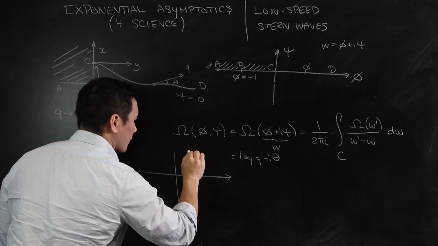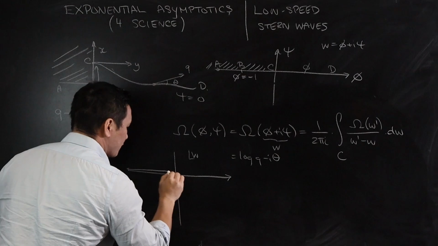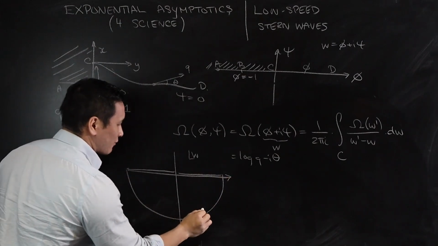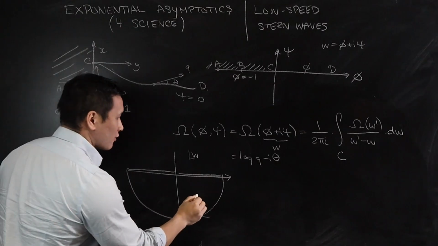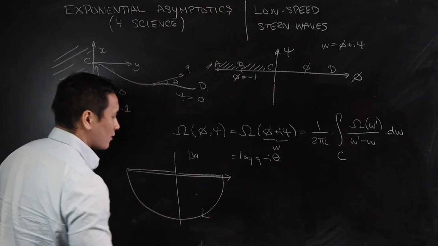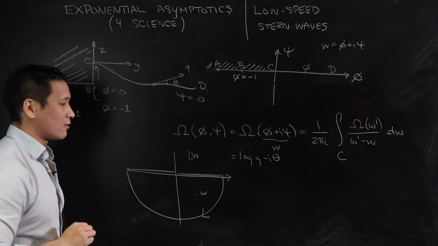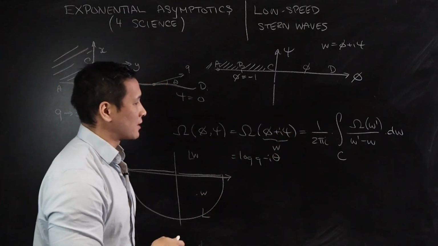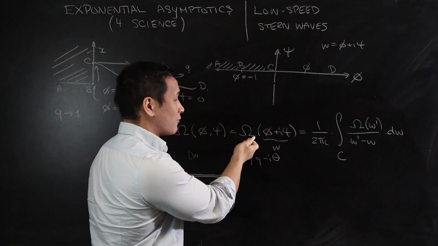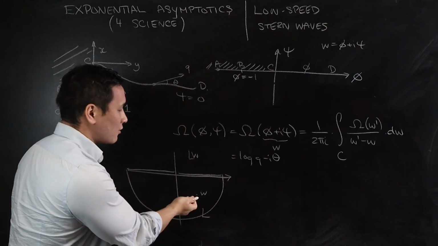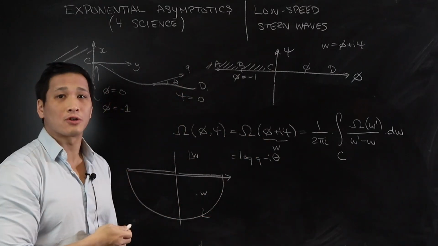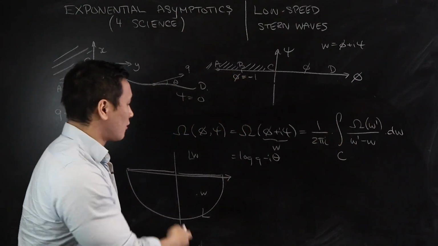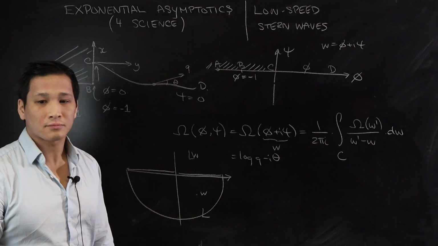It just runs along the solid surface, then the free surface, and then it does a little deformation down there. And w is a point here. So this is Cauchy's theorem, which tells you that the value of omega at some point w within this boundary is equal to an integral of omega around the edges of the boundary.